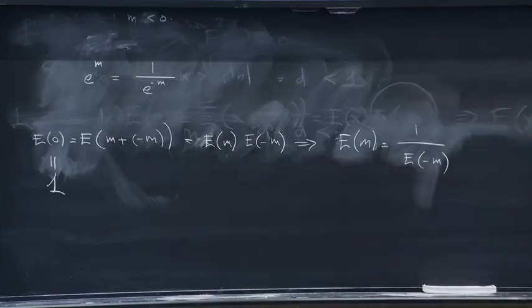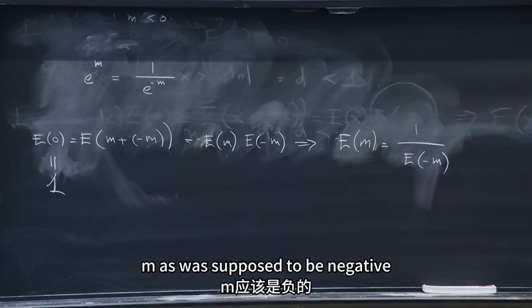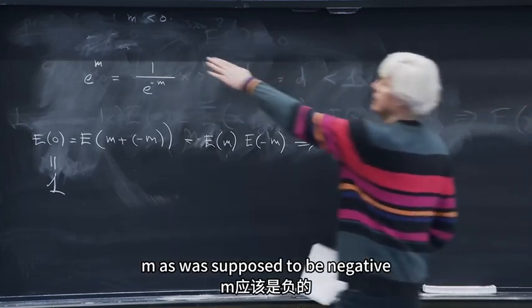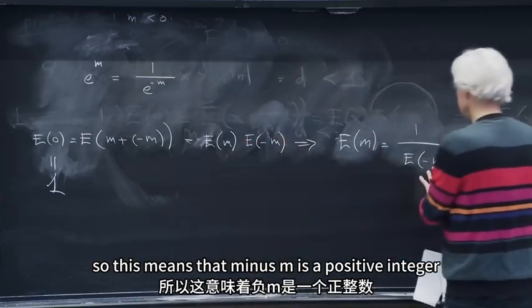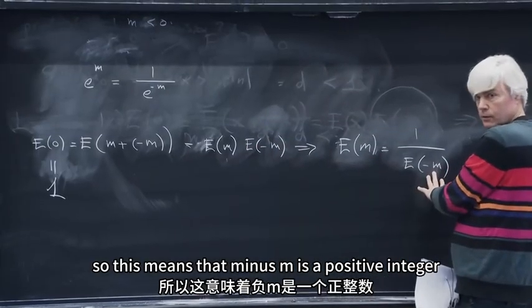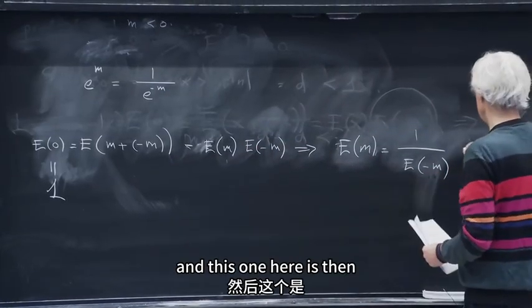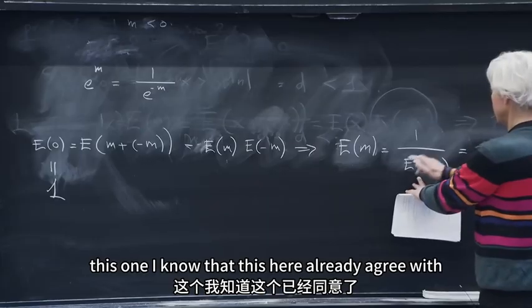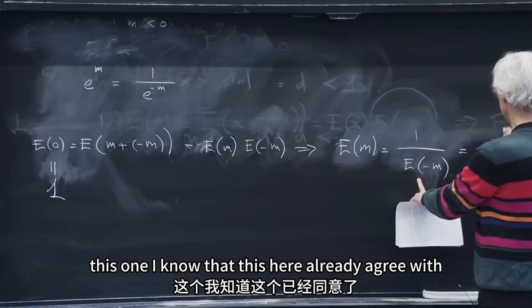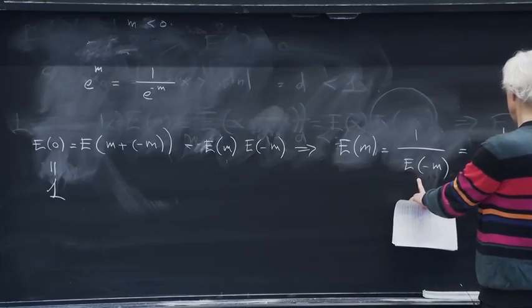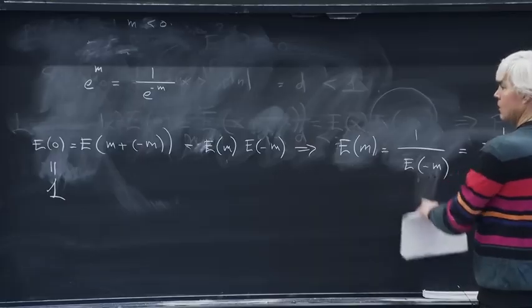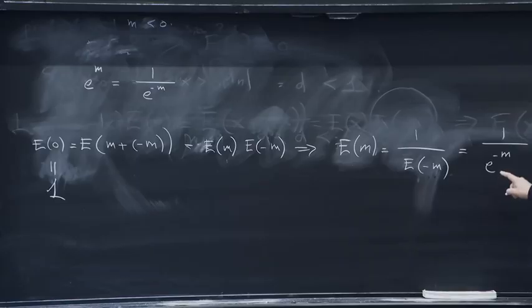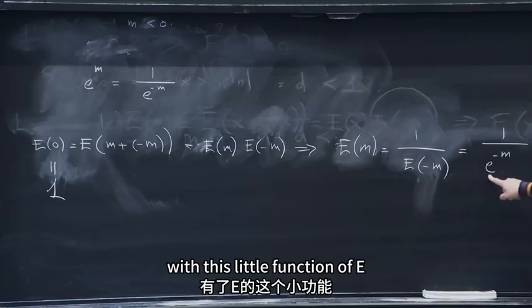Like that, right? m was supposed to be negative, so this means that minus m is a positive integer. And this one here I know already agrees with this little function e.